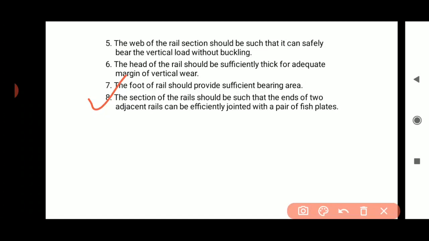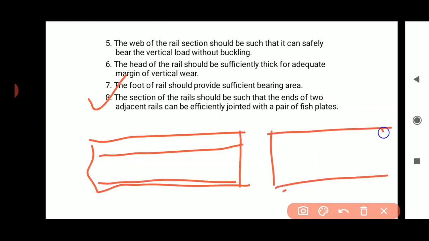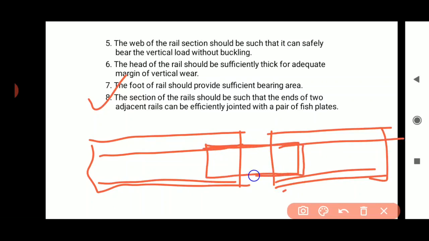That means, fish plate means, this is a rail section and this is another rail section. Generally two rail sections are joined by fish plates and fish bolts in this way. This is the head and this is the foot.